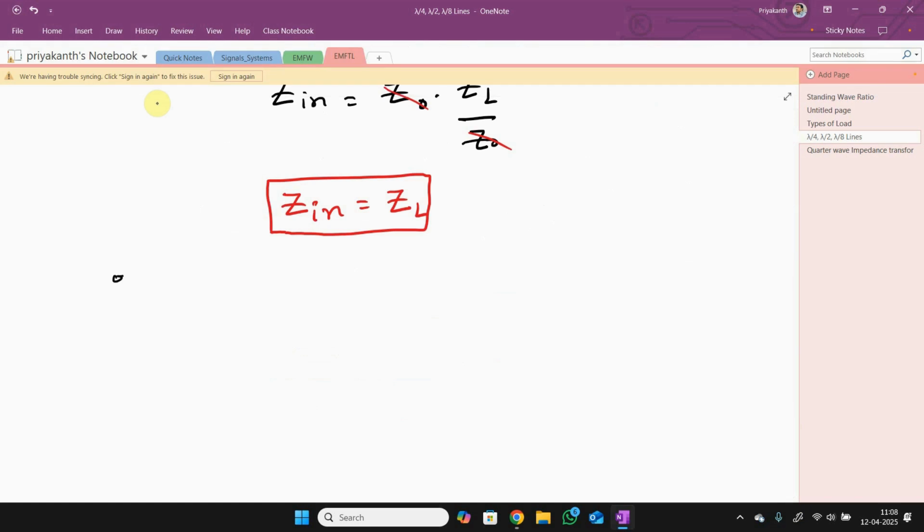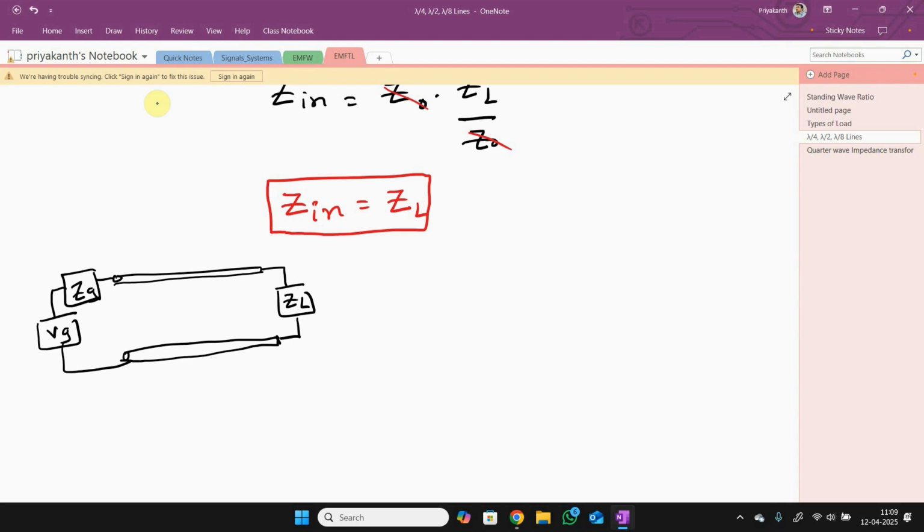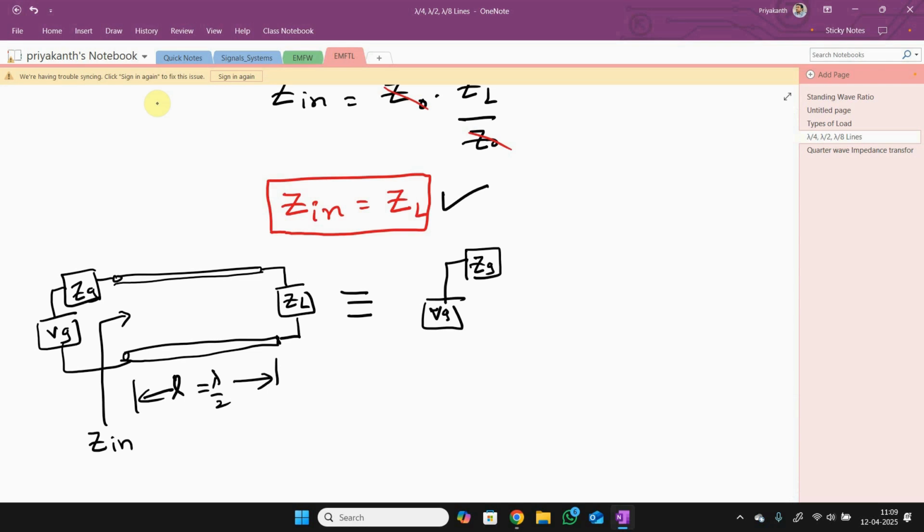Okay, let me tell you. A transmission line is connected to a load on one end and a source on the other end, and if the length of the transmission line is half wavelength, where Zin you have calculated is the same as ZL, this is equivalent to the source being directly connected to the load without any transmission line.